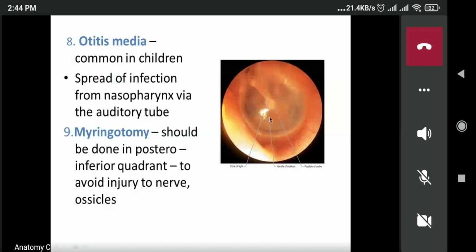Why? To avoid injury to the chorda tympani nerve as well as the ear ossicles. So it is safer to do it in the posterior inferior quadrant. You can mark it as an MCQ question, which is the safer side for myringotomy. This is the posterior inferior quadrant.